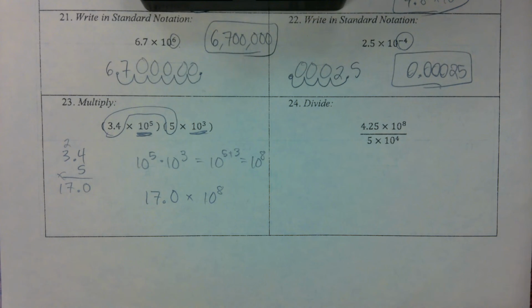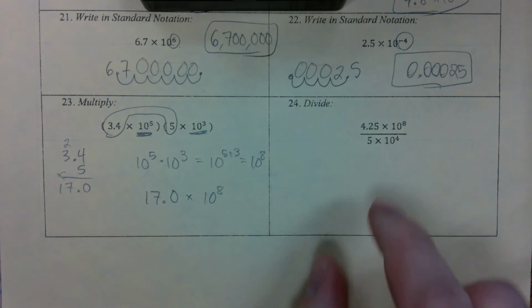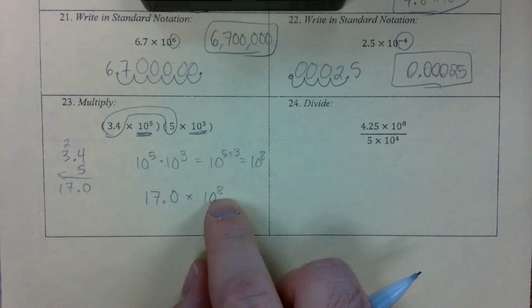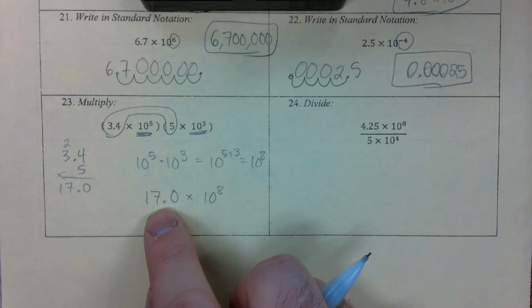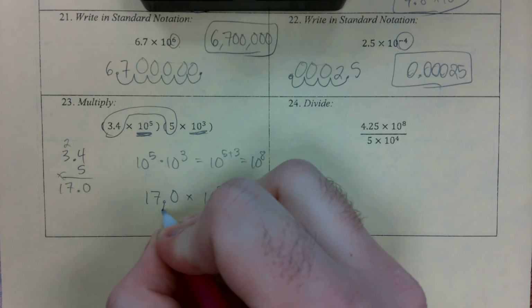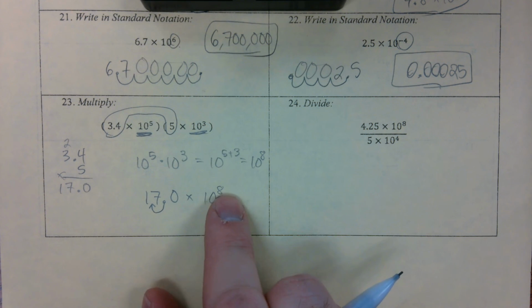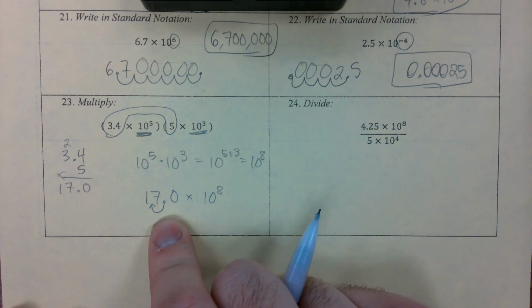Is that our final answer? No, why not? What's wrong with it? The 8? Yeah. And also, the 17, that's way too big, right? We can't have a 2-digit number as our leading number. So let's go ahead and move this decimal 1 space. And what do we have to do to 8 when we move that decimal 1 space?